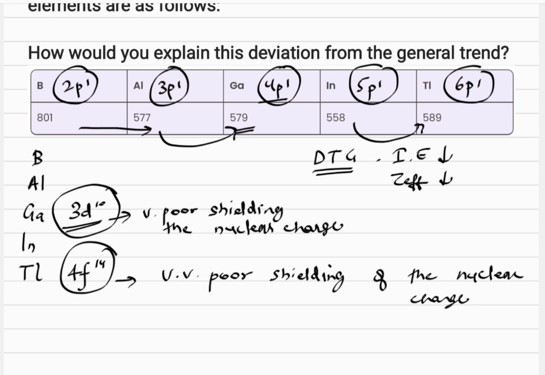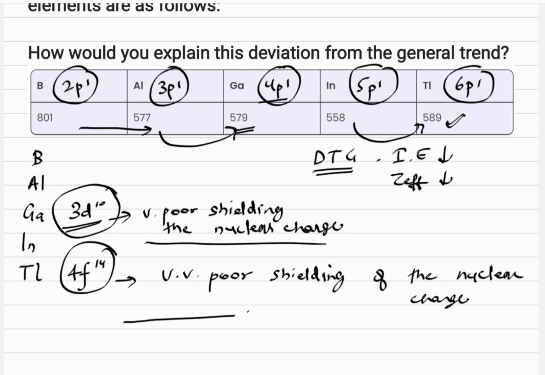So these 14 4f electrons are not shielding the nuclear charge as much, and therefore the outermost electron in thallium is feeling a very high nuclear pull, and therefore removing the electron becomes difficult, and there is an increase in ionization energy. So that explains the two anomalies that we observe, one going from aluminium to gallium and the next one going from indium to thallium.